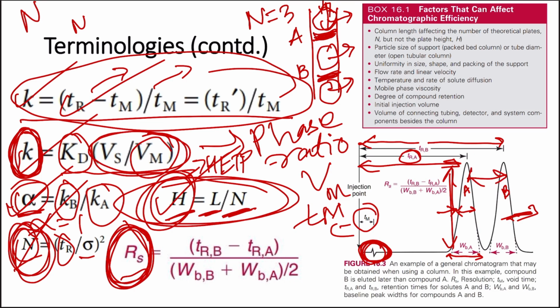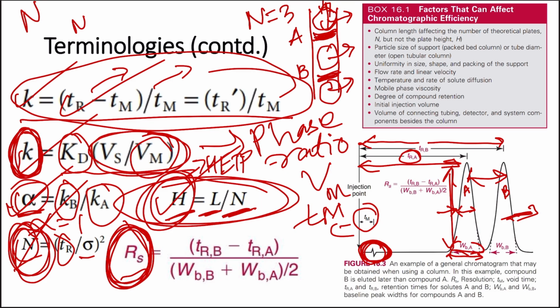If we have broad peaks, they will coalesce with each other and can form a single peak. If we have narrow peaks, that is peaks with narrow baseline width, they will be seen easily as separate peaks.